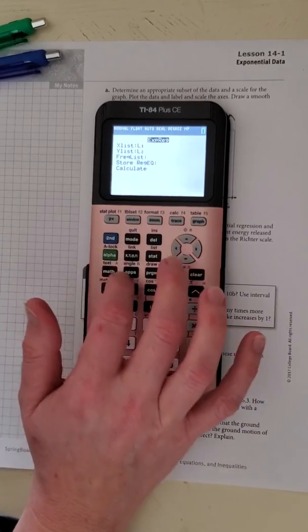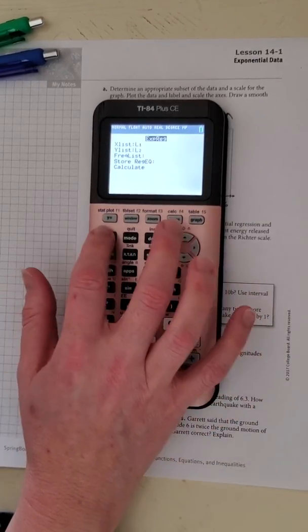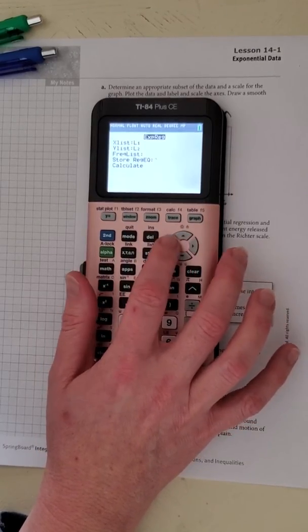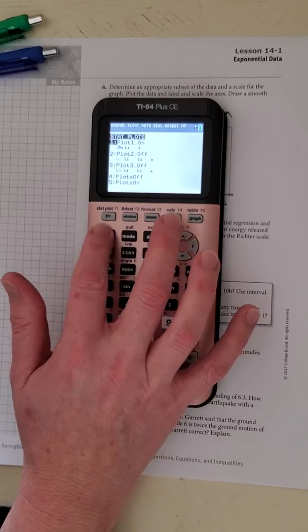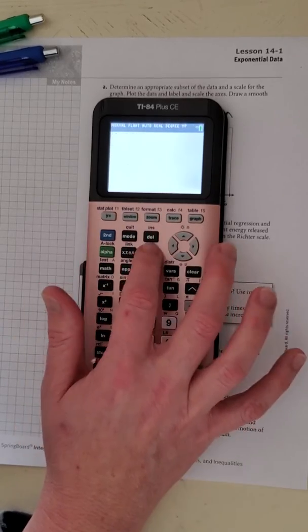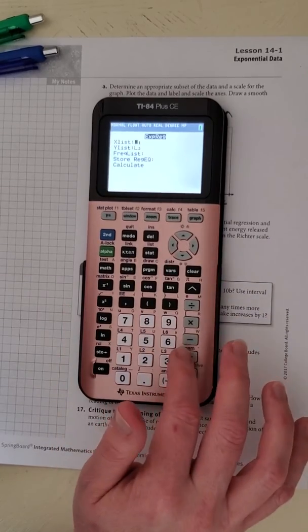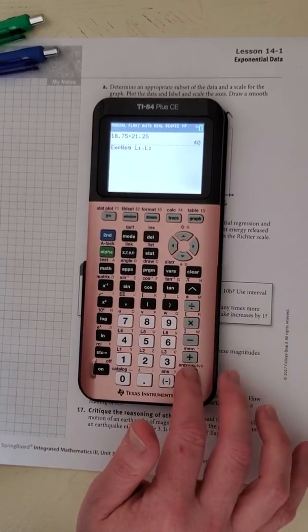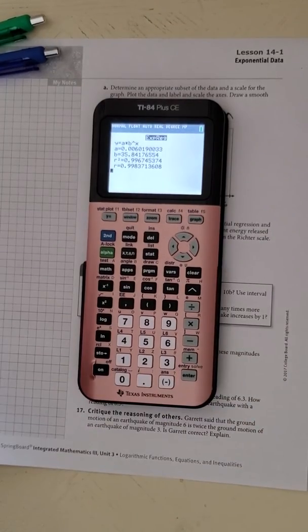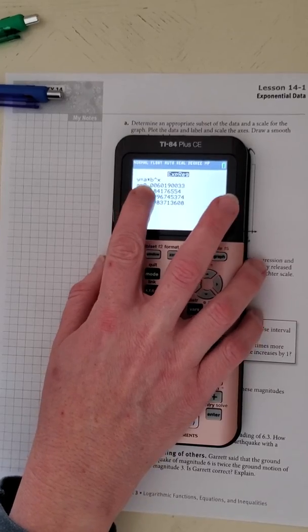And I'm going to say store it in, nope, let me do that again. There we go. And so you notice that this exponential regression equation is the one that I was talking about.